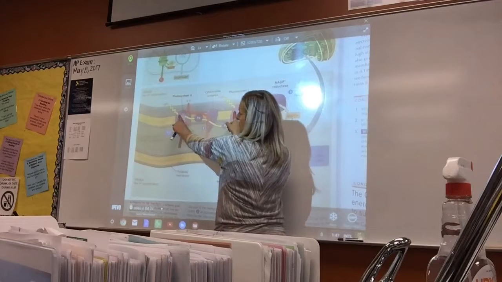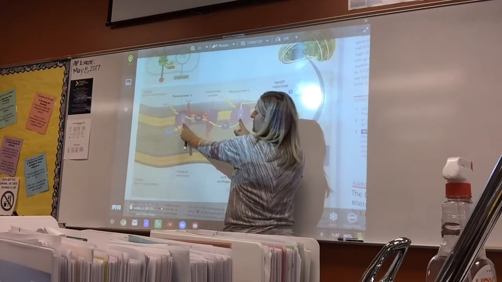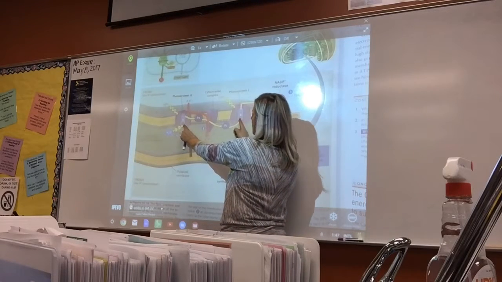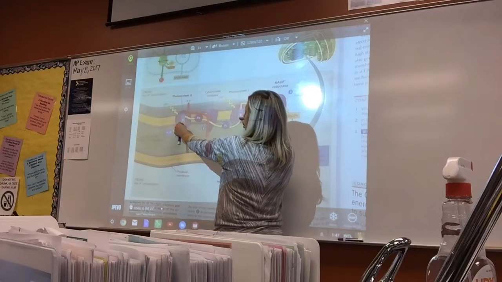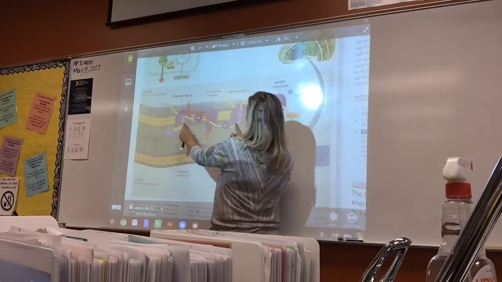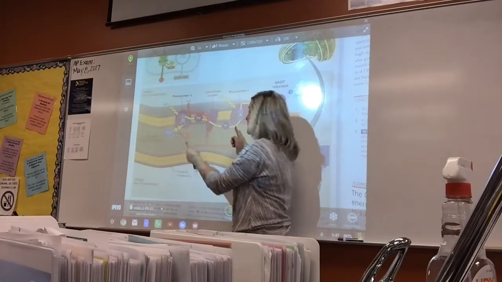Remember, these accessory pigments absorb and transfer that light energy, and all that light energy eventually goes to a chlorophyll A molecule in each one of these reaction centers. Two electrons from that chlorophyll A molecule get excited and go to the primary electron acceptor. So now these two chlorophyll A molecules are missing electrons.